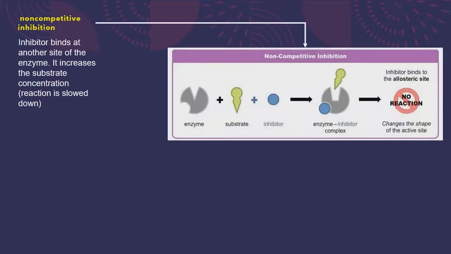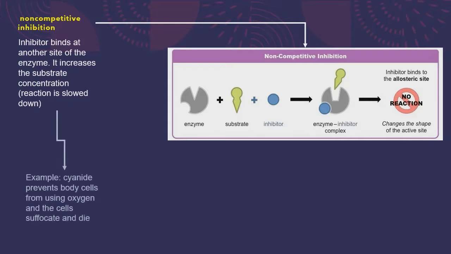So this is an illustration that presents how the non-competitive inhibitor works. And an example is the cyanide poisoning. This prevents our body cells from using oxygen and the cell will suffocate and die.